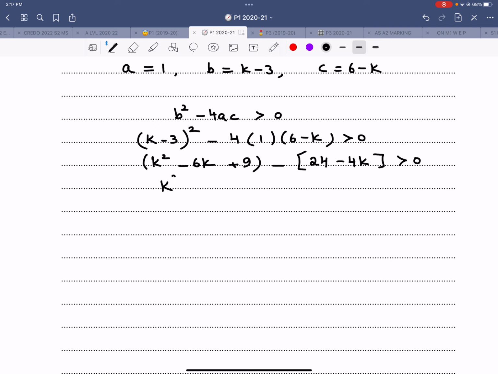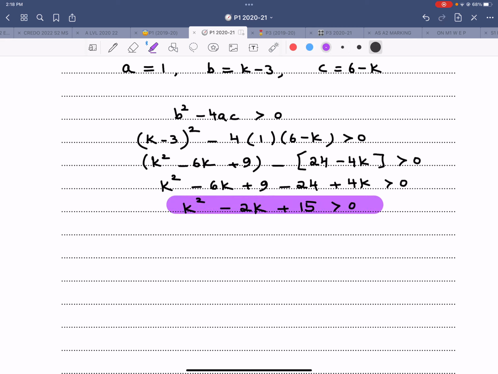Open it up. K square minus 6k plus 9 minus 24 plus 4k is greater than 0. K square minus 2k, difference of 24 and 9 is 15, minus 15 is greater than 0. Always remember, whenever you have a quadratic inequality, always factorize.